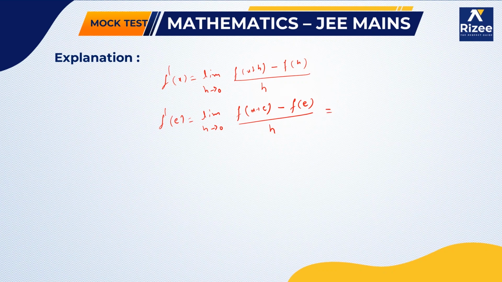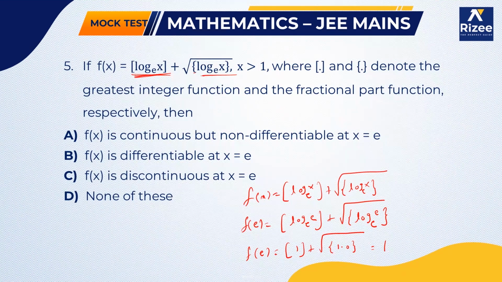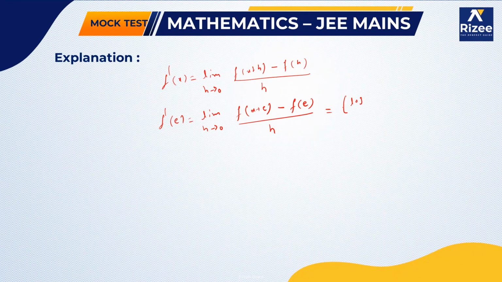What is the function given here? The greatest integer of log x plus the fractional part. So I am writing the limit as h tends to 0 of the greatest integer of log of (e plus h) plus root of the fractional part of 1 plus h.